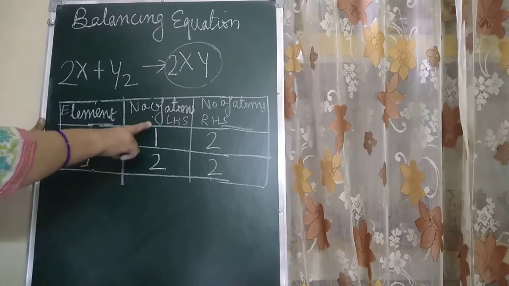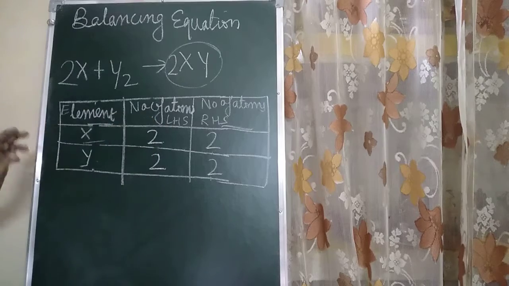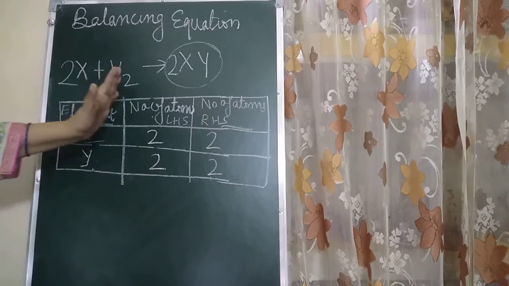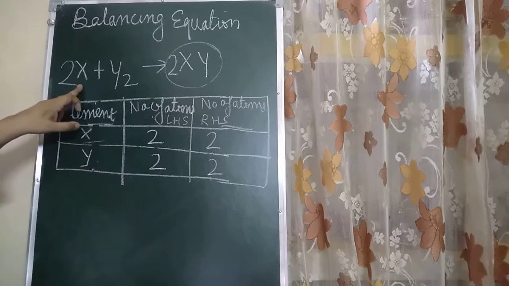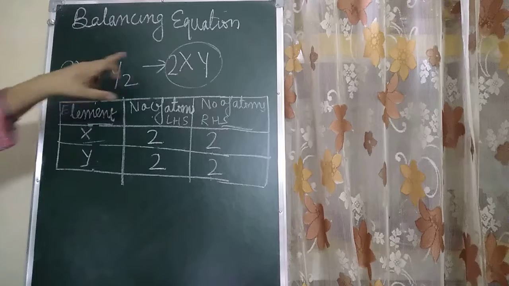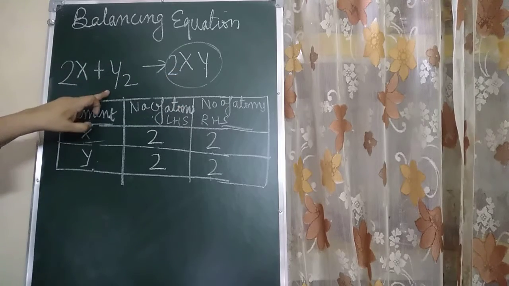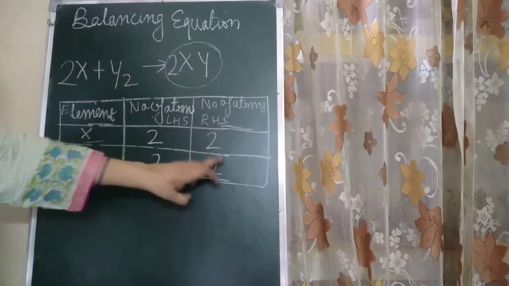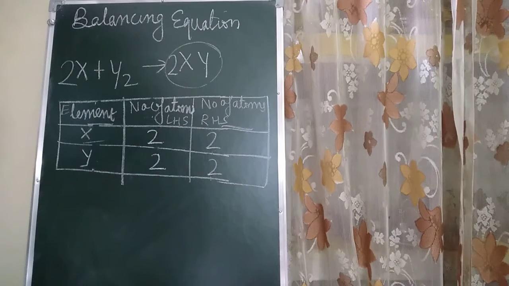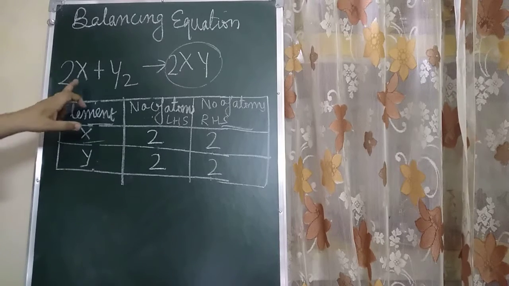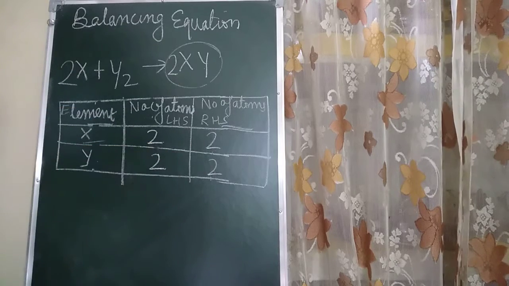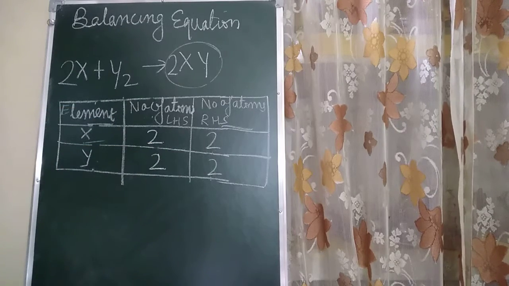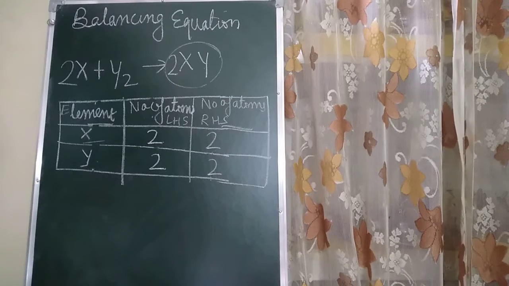Now the number of atoms for X on the left hand side and right hand side are equal, 2 atoms each. For Y also 2 atoms on both sides. Thus this is a balanced equation, as the number of atoms of X and Y on both sides is equal. So this is the way we do the balancing of equations.